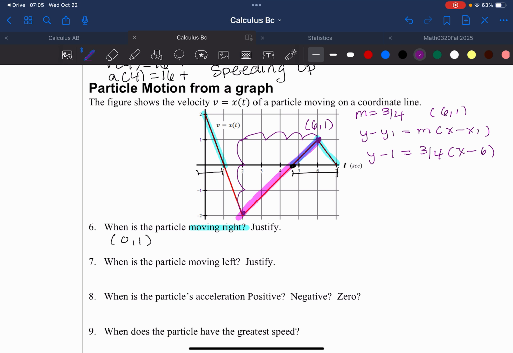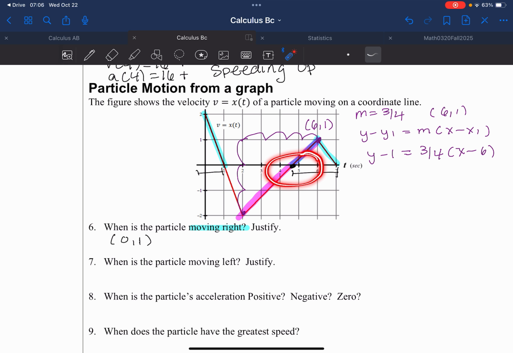From here, I don't want to solve what this equation is because that's not what's going to help me. What's going to help me is finding out what this value is. Notice that this value crosses the x-axis, which means this is an x-intercept.